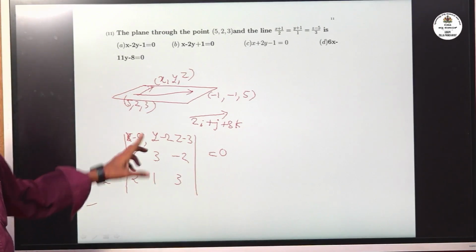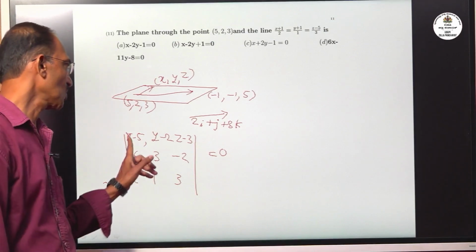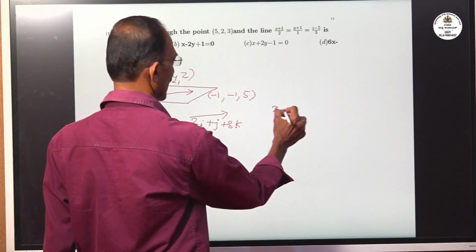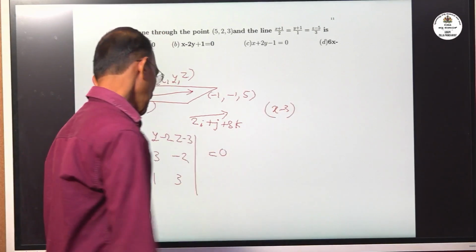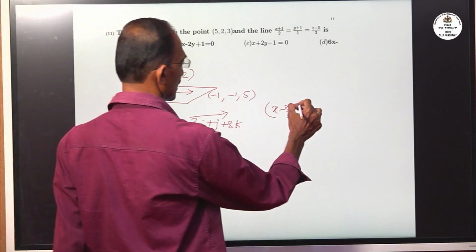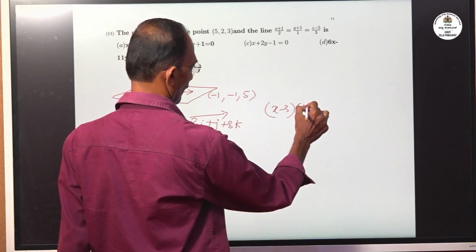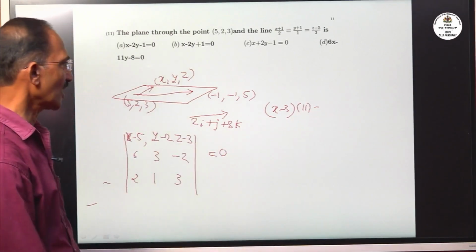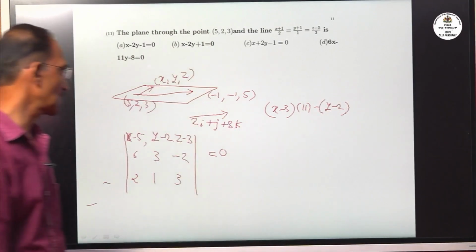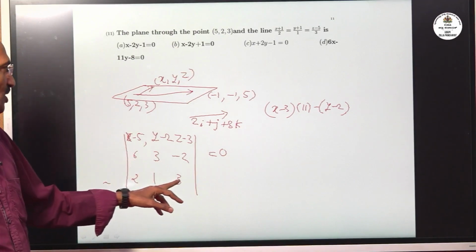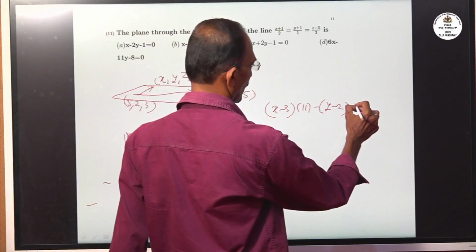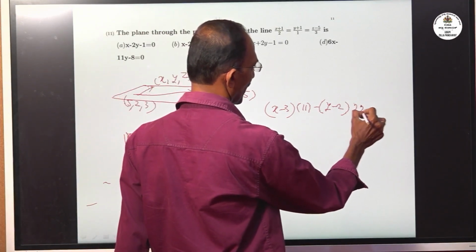So just to expand and get the equation, x minus 5 into 3 into 3, 9. So clearly (x minus 5) into 9 plus 2, which is 11, and minus of (y minus 2) into 6 into 3, 18, 18 plus 4, you are getting 22 as the answer.